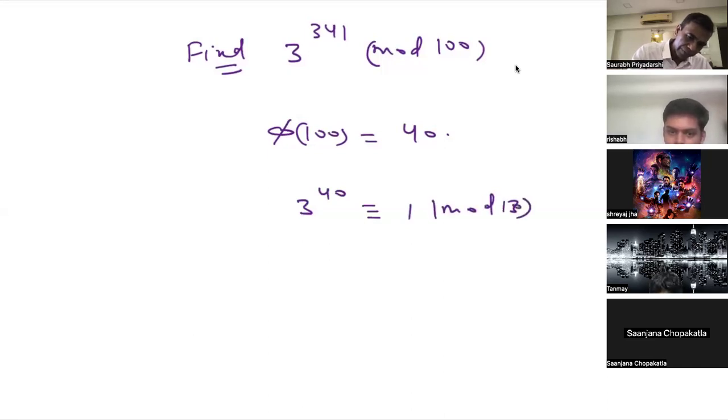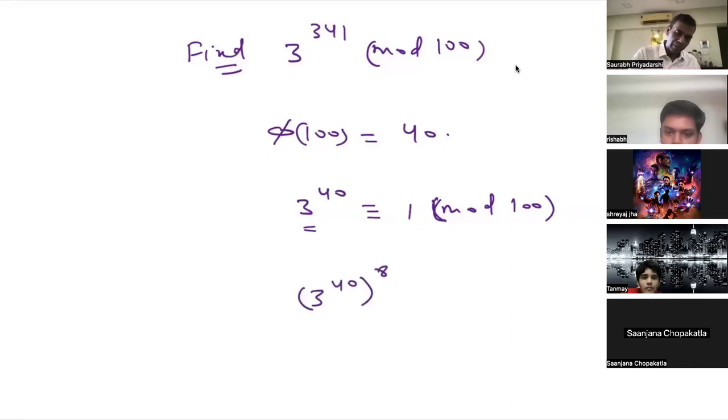Then 3 to the power 40 times 8 is congruent to 1 to the power 8 mod 100. What number is coming? 320. 3 to the power 320 means we have to find only 3 to the power 21.